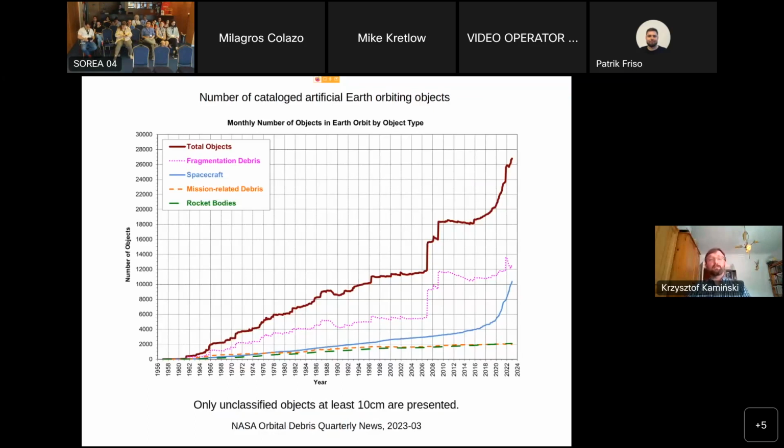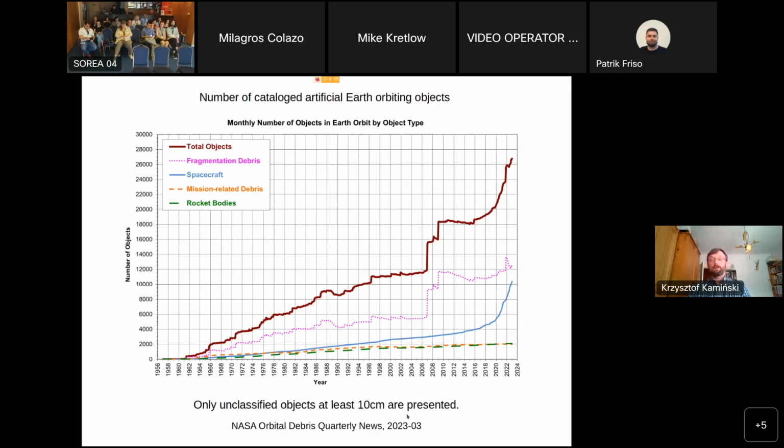Overall, on this graph, we can see the whole history of space satellites. The number of cataloged space objects. By cataloged, I mean unclassified, and those which are at least 10 centimeters.